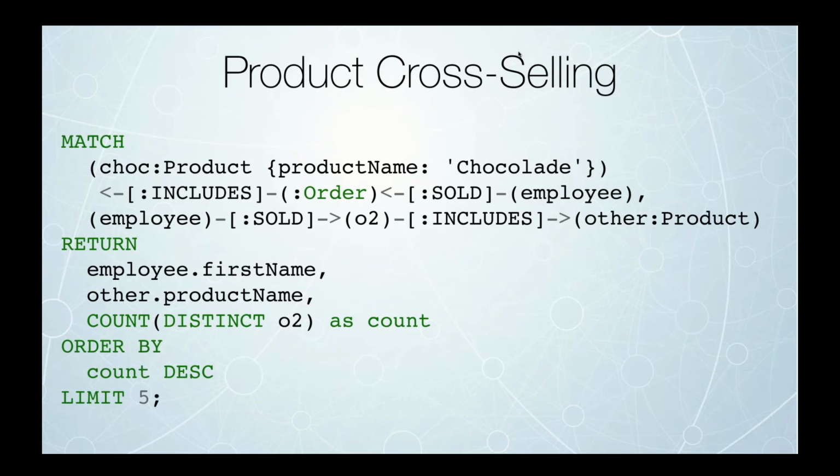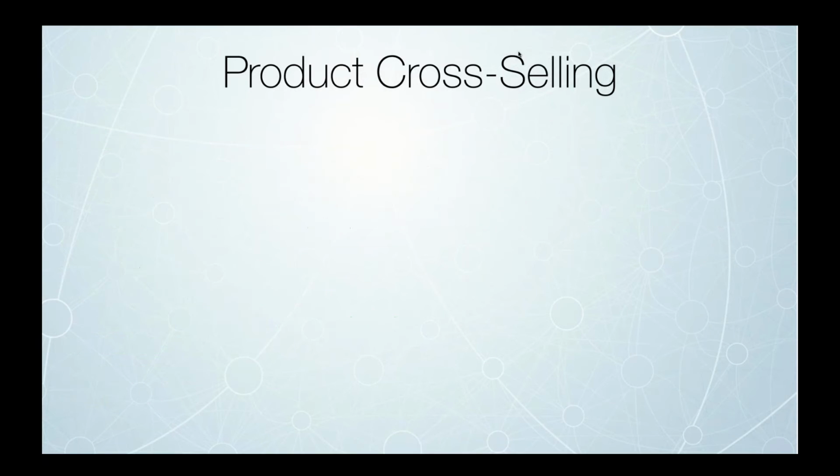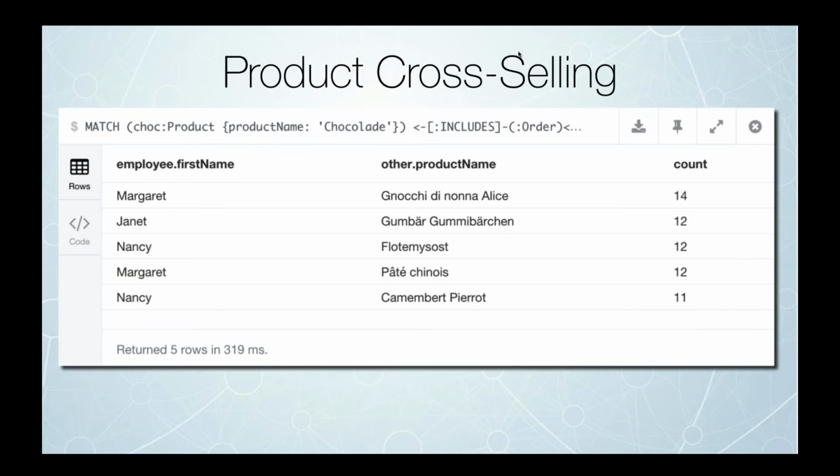And then let's look at other products that those employees who are selling chocolate are also selling. So much more complex query than what we saw before. And here we can see that Margaret is most commonly selling some sort of gnocchi with chocolate, and that's the most common product cross-selling with chocolate.